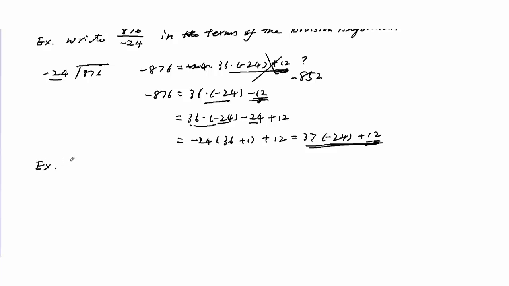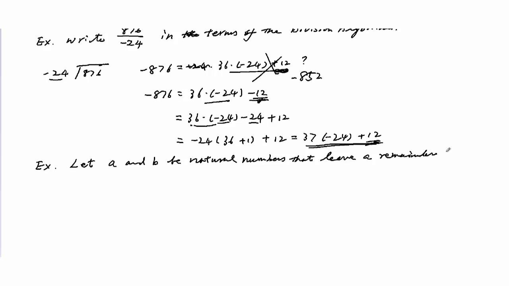Let's look at this example, and it is in a book. Let A and B be natural numbers that leave a remainder of 2 when divided by 7.